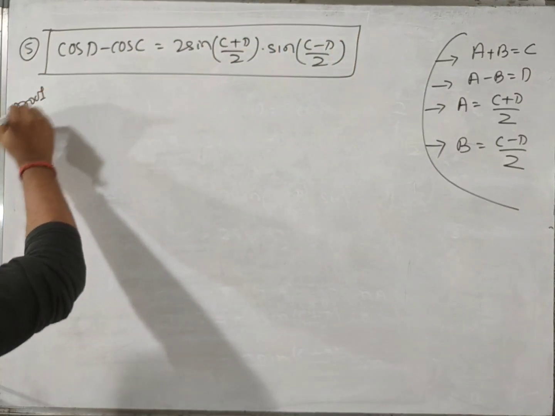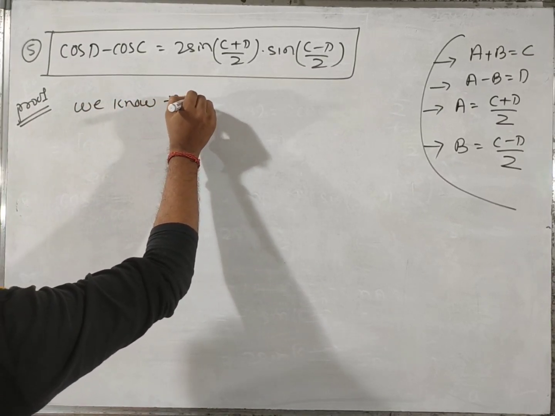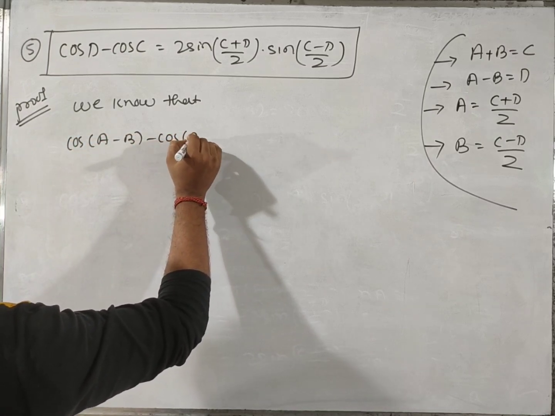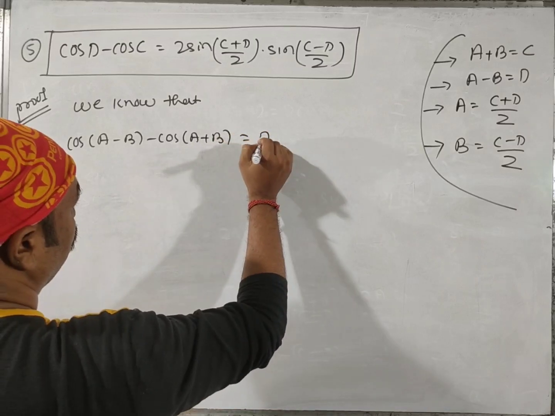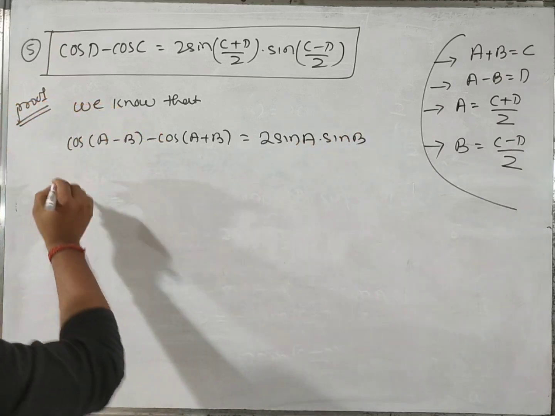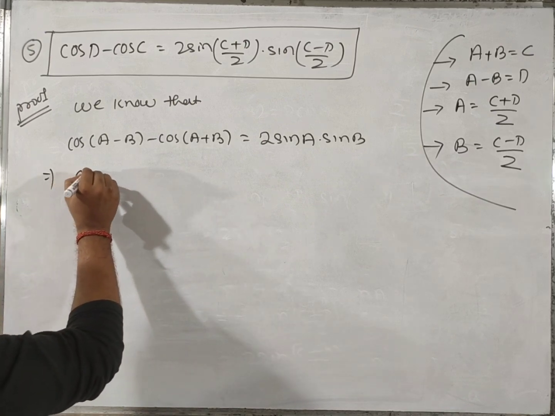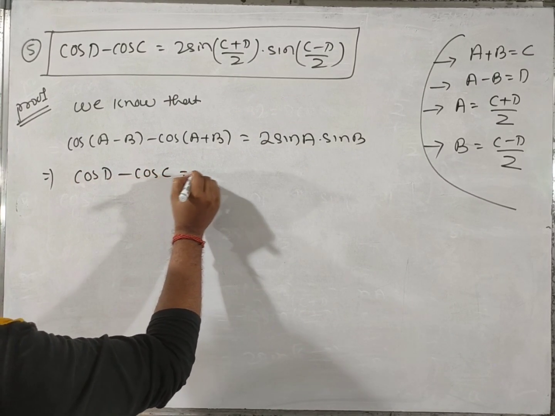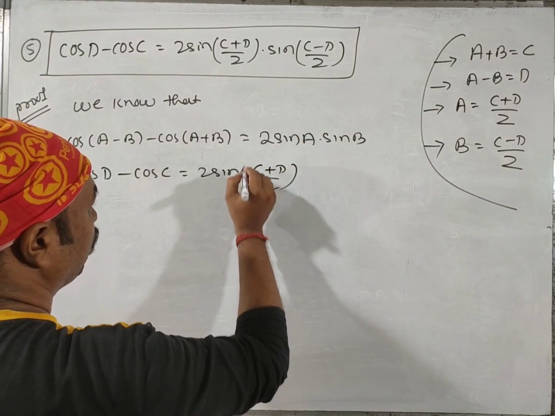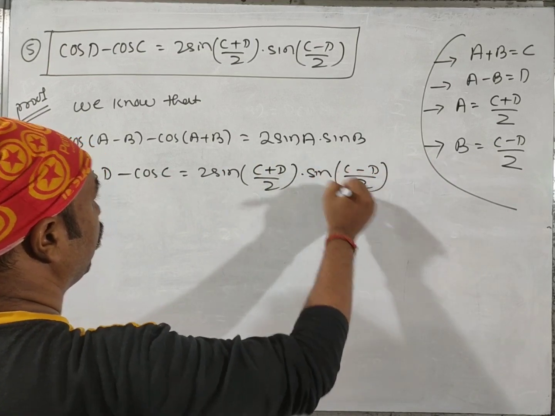And here it is the proof. We know that cos(A minus B) minus cos(A plus B) is 2 sin A into sin B. By putting these four values for the last time in this fifth part, we have cos D minus cos C is 2 sin. In place of A we can put (C plus D)/2, in place of B we can put (C minus D)/2, and here it is the proof of the last one.